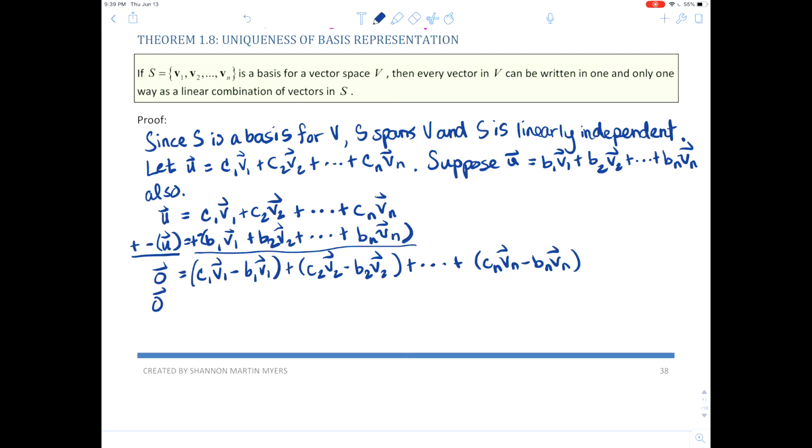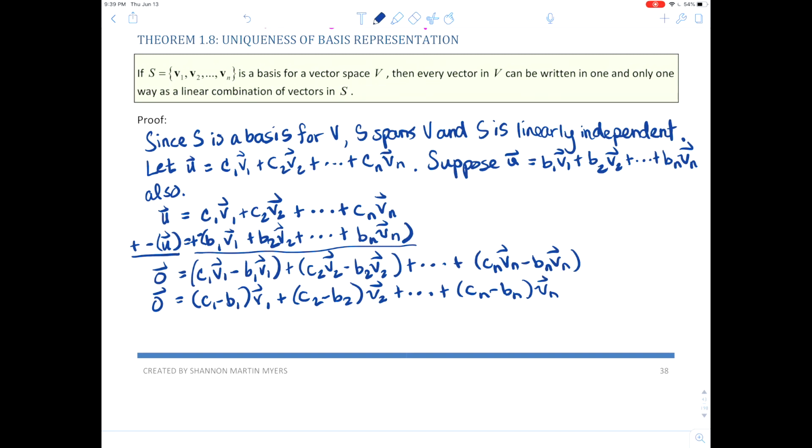And what can we do? We can rewrite this as (C1 minus B1) times V1 plus (C2 minus B2) times V2 plus ... plus (Cn minus Bn) times Vn. Groovy?